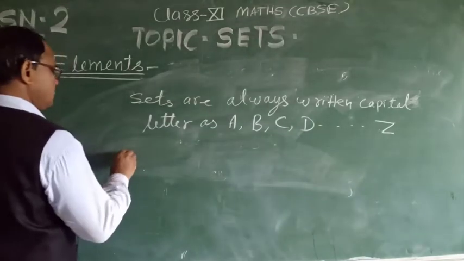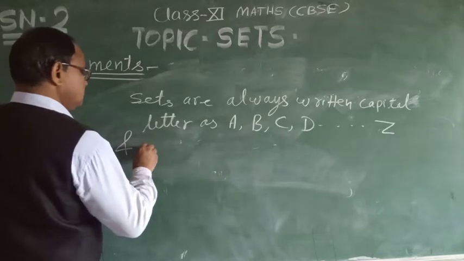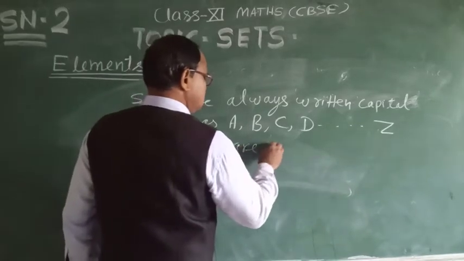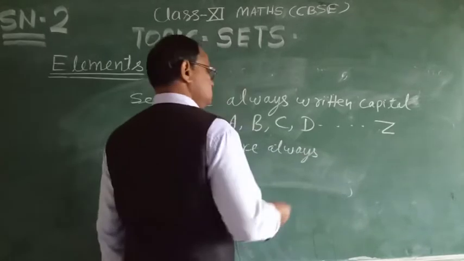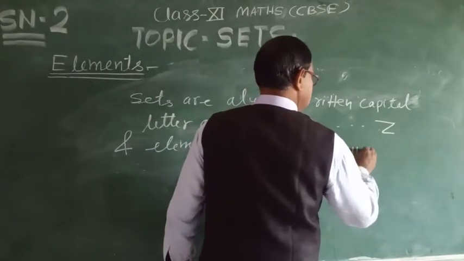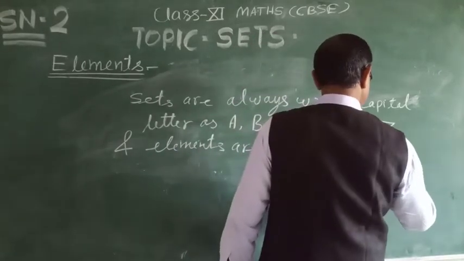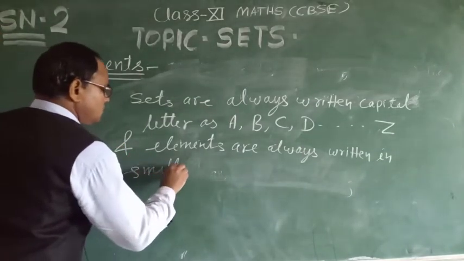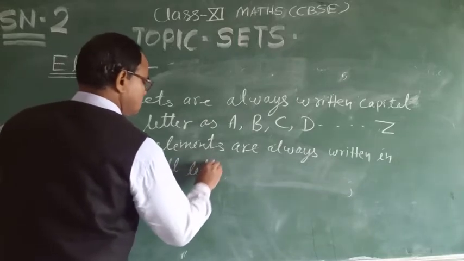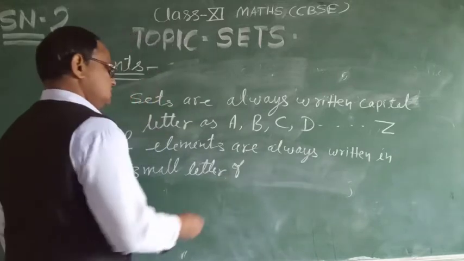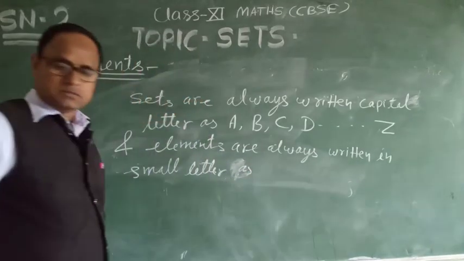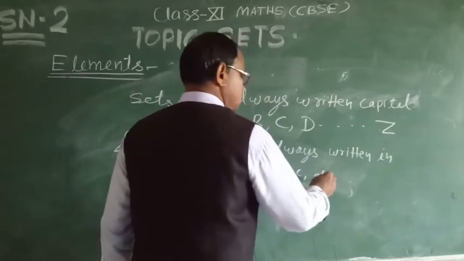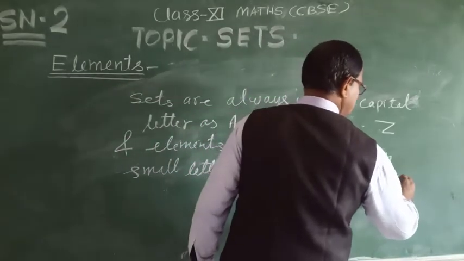Okay, and elements are always written in small letters, as a, b, c, d, e and so on.